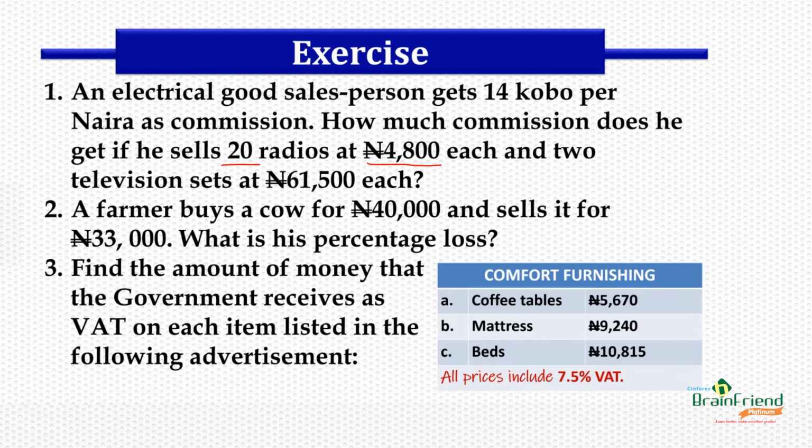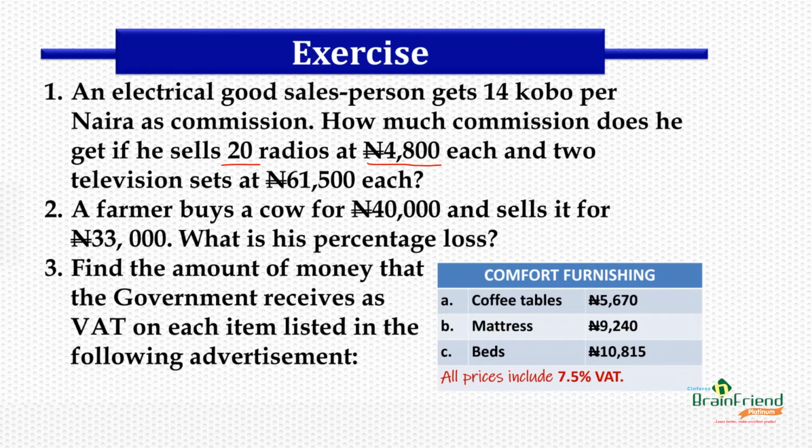So we'll do that multiplication and we would have 96,000 naira for the sales of radios. And for the sales of 2 television sets, we would have 123,000 naira.